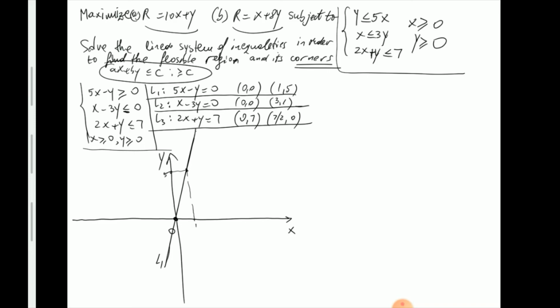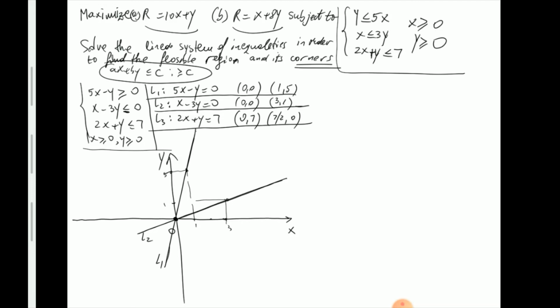L2 goes to the point 0, 0, and 3, 1. So let's say this is 3, and this is 1 over here. So this line is further down. All right, let's call this L2.